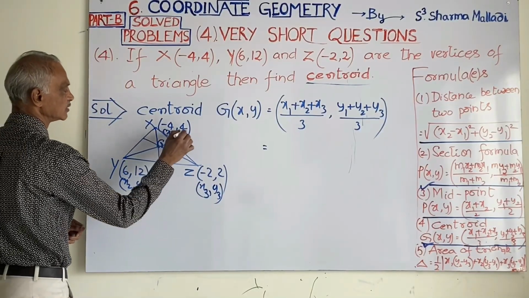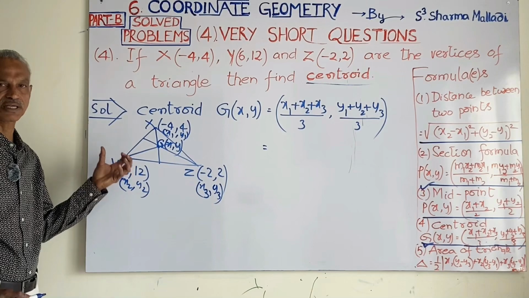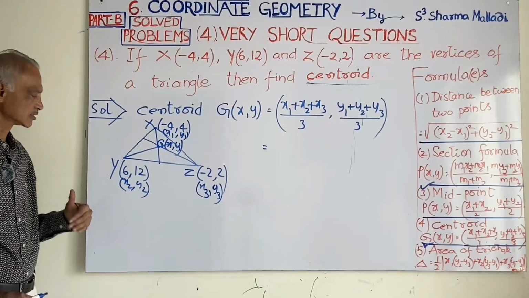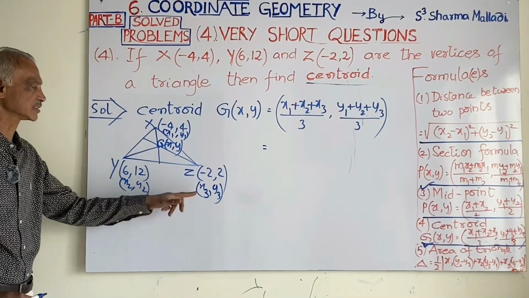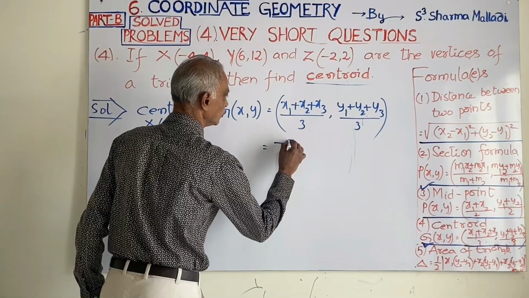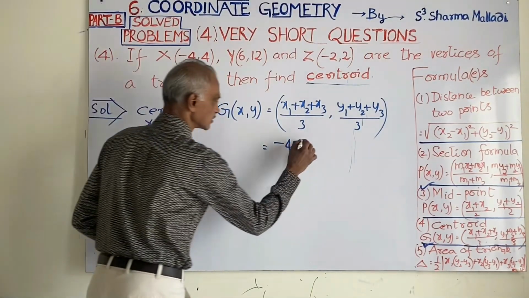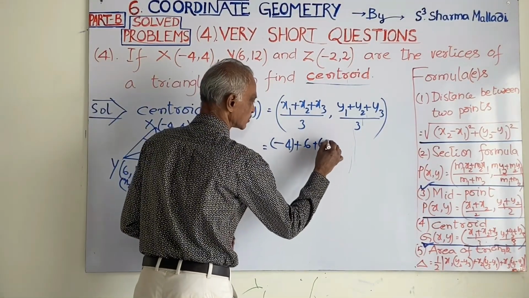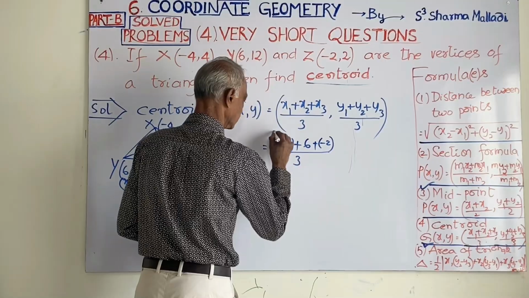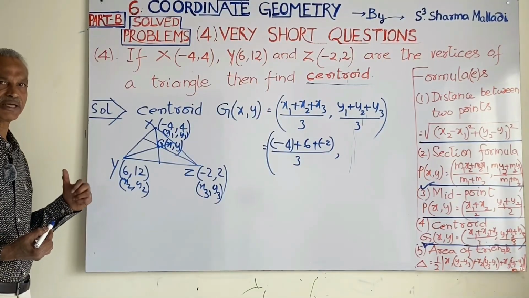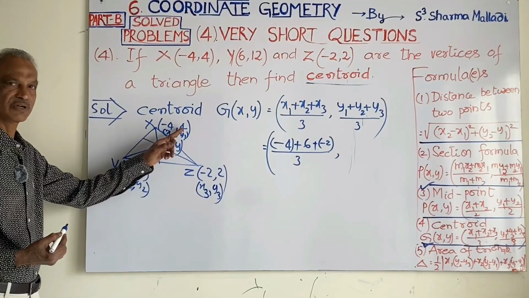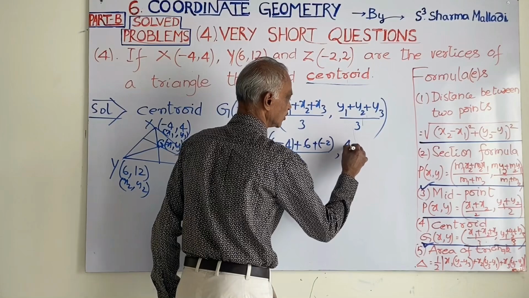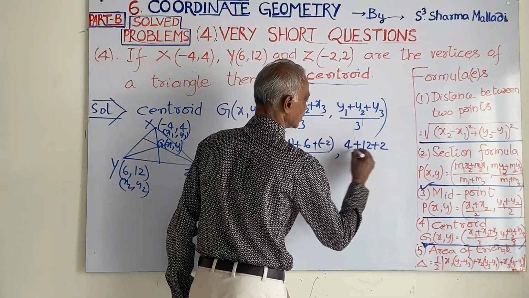You substitute into the centroid formula G(x, y) and you will get the centroid: minus 4 plus 6 plus minus 2, by 3, comma, sum of y coordinates by 3, that is 4 plus 12 plus 2 by 3.